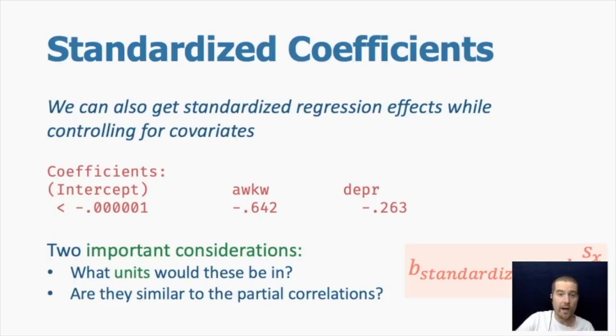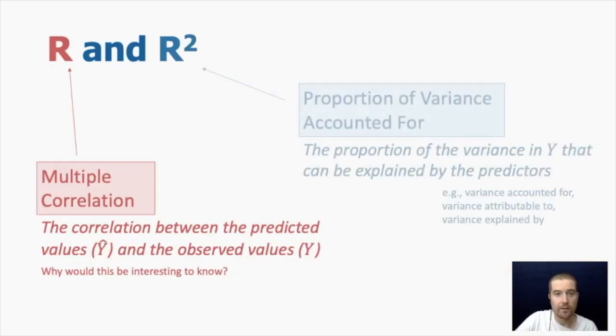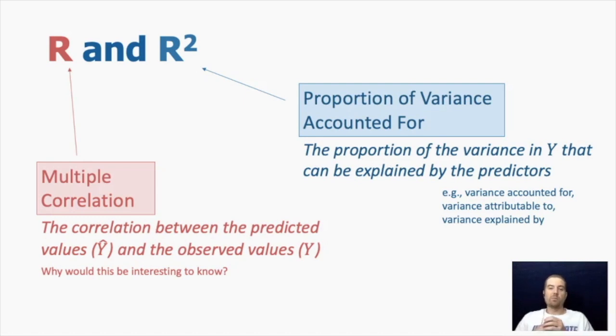We also have R squared, which is the proportion of variance accounted for by the model. So all the predictors in the model, how much do they explain of the outcome? In other words, it's the proportion of the variance in Y that can be explained by all the predictors together. "Can be explained by" can also be stated as variance accounted for, variance attributable to, variance explained by. Those are all synonyms of "can be explained by."